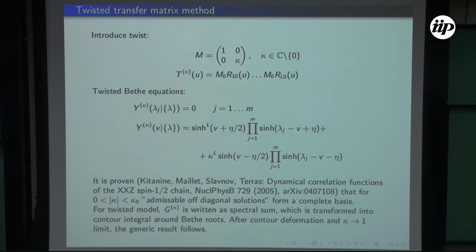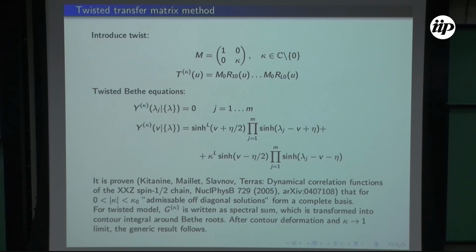And then there is a twisted Bethe ansatz for this case, with the usual ingredients. They have this kappa as a parameter, and this is a way to write the twisted Bethe equations, but you can recognize the normal Bethe equations after just some algebraic change.